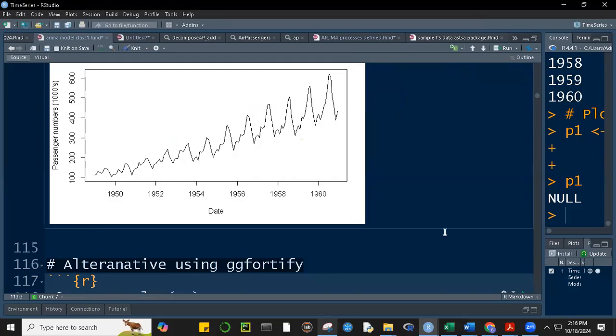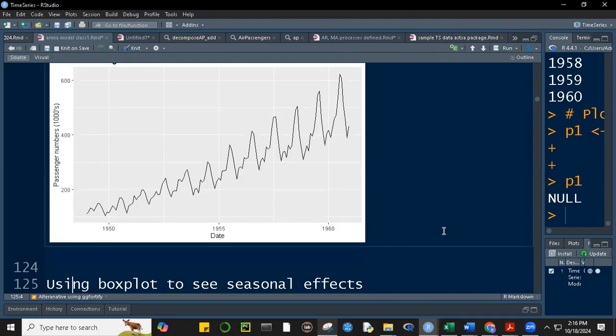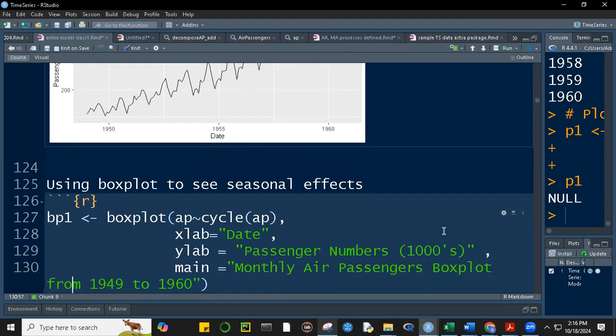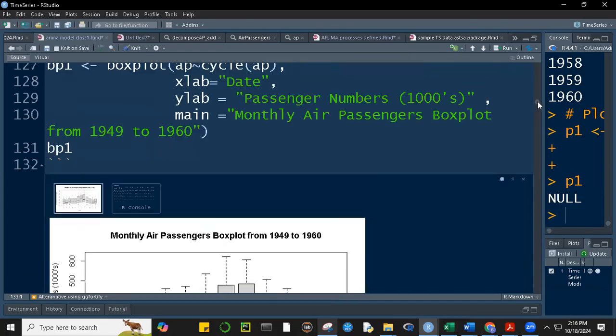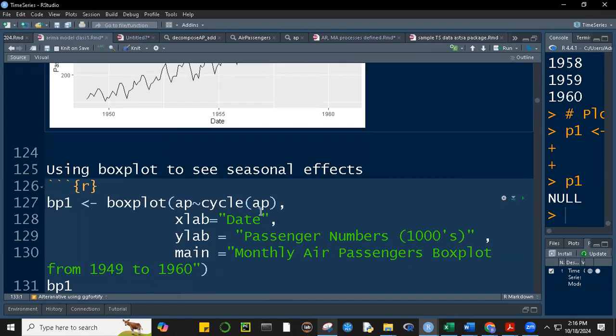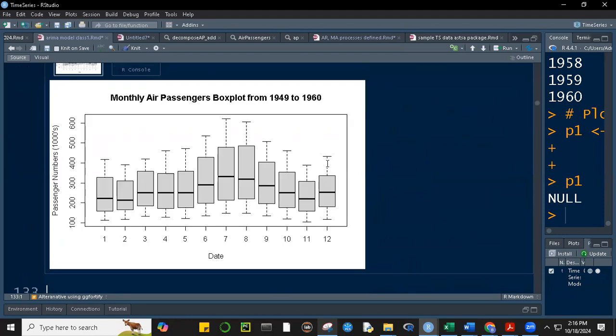You can also plot the other one, class; they're the same. I leave you to plot this using ggplot. And this one is also very important. You run that, and what I said here is to take the cycle of AP. Take note of the cycle, class: 1 up to 12 every year, which means monthly. So it will show a box plot by month. All the Januaries, all the Februaries, March, April.